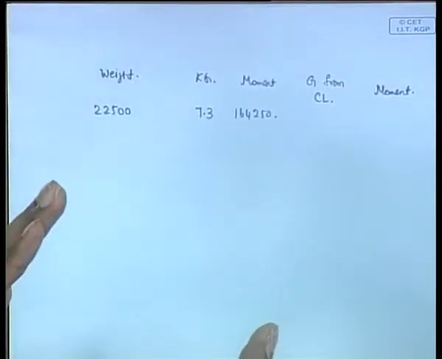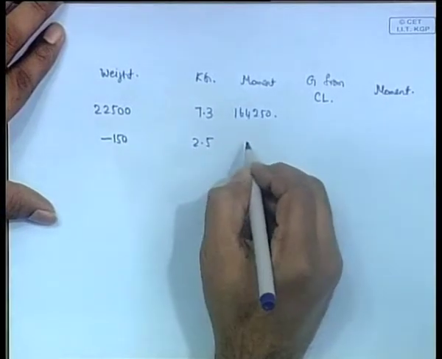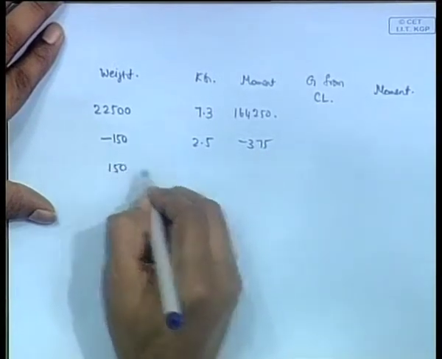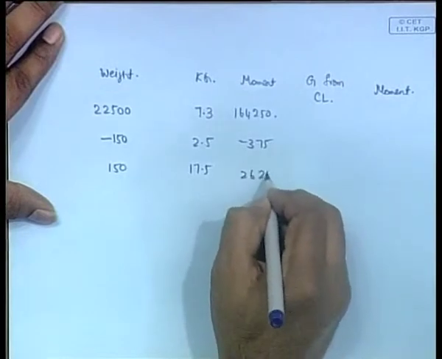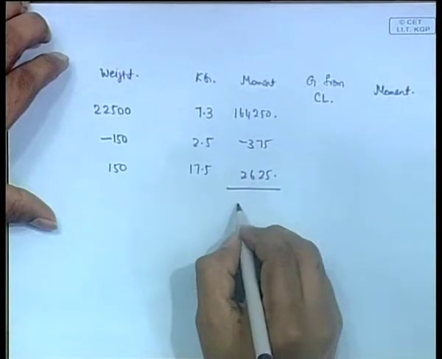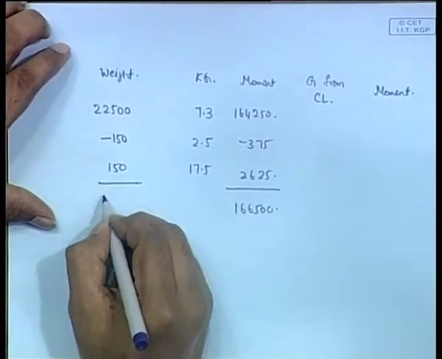If a weight of 150 tons is removed from a height of 2.5 meters and it is put at a height of 17.5 meters, there is a minus 150 tons at 2.5 meters and there is a plus 150 tons at a height of 17.5 meters. This is straightforward, 2625. So, this gives you the net moment, 166500, and this gives you the net weight.